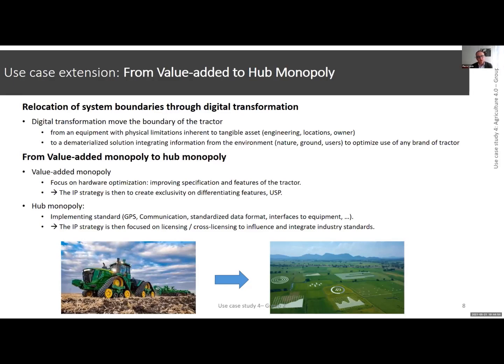the value-added monopoly IP strategy is very efficient, well-tuned to the former model, where we are optimizing features on a tangible equipment.